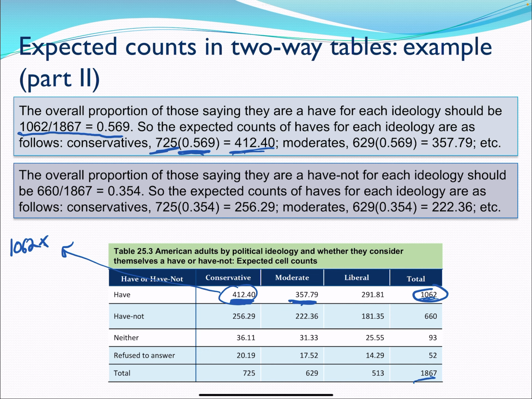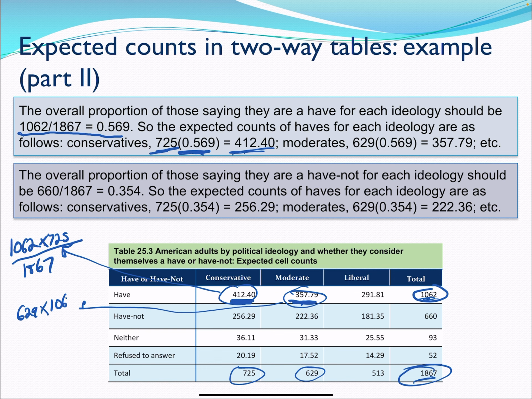Okay, so for this first one right here, I took my row total times my column total over everything total. And then for moderate, I took my row total times my column total over 1867.